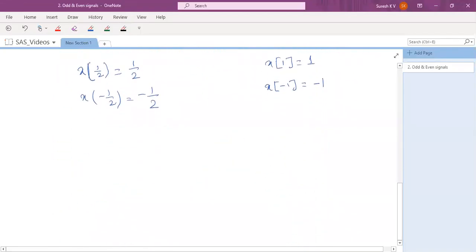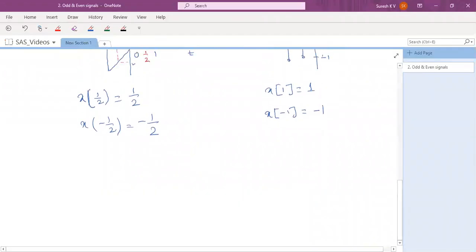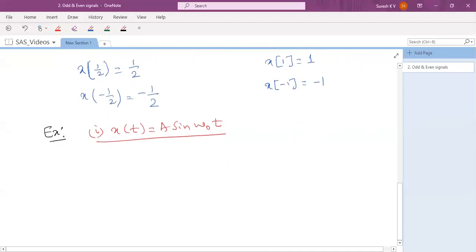So let us take a typical example and try to solve this problem. x of t is equal to a sine omega naught t. You have to verify whether this is an even signal or odd signal. Let us solve it by using simple steps. First, x of minus t has to be determined. That means wherever I have t, I'll replace it by minus t.